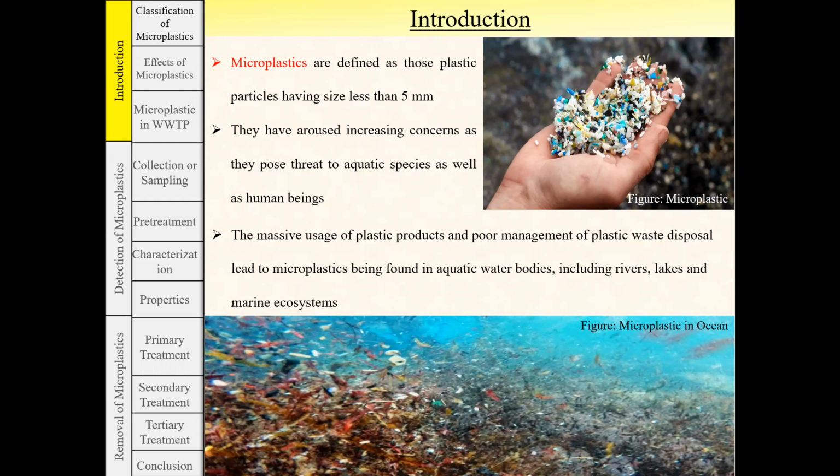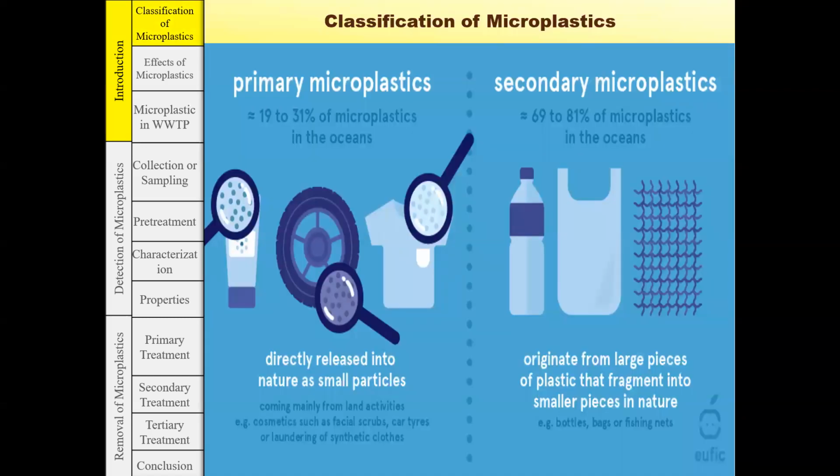Massive usage of plastic products due to urbanization and inappropriate disposal methods of plastic products or plastic waste leads to the formation of microplastic. Now we come to the next part, that is different types of microplastic. What are the classifications of it?